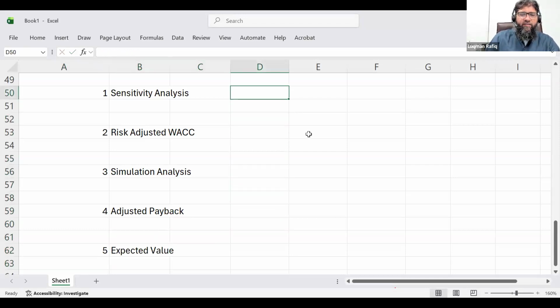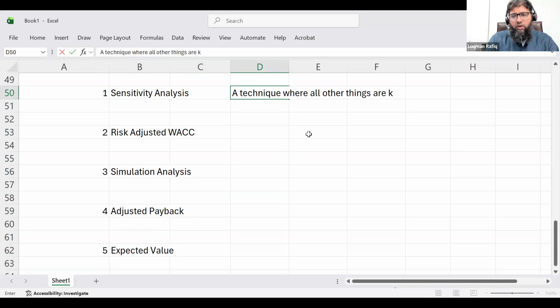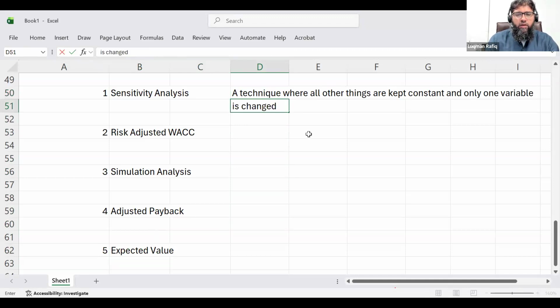So sensitivity analysis is basically what? It's a technique where all other things are kept constant and only one variable is changed, such that NPV becomes zero.